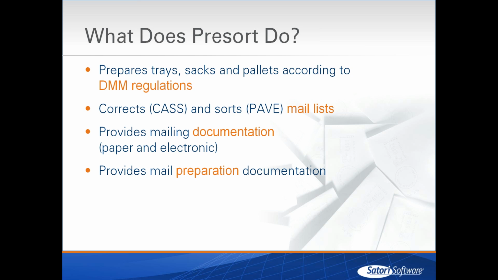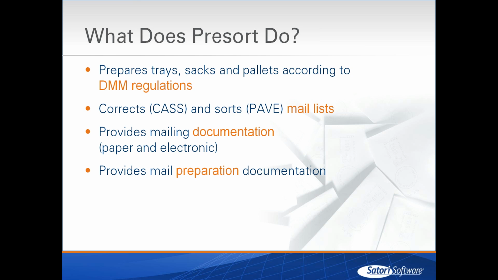After the pre-sort process is done on your list, you're able to get the mailing documentation. You can print that out onto your normal 3602 and your qualification reports, or you can save the electronic documentation as a Mail.dat file or a Mail.xml message. Pre-sort also allows you to print out some additional documentation to help you prepare and manage those trays and sacks.